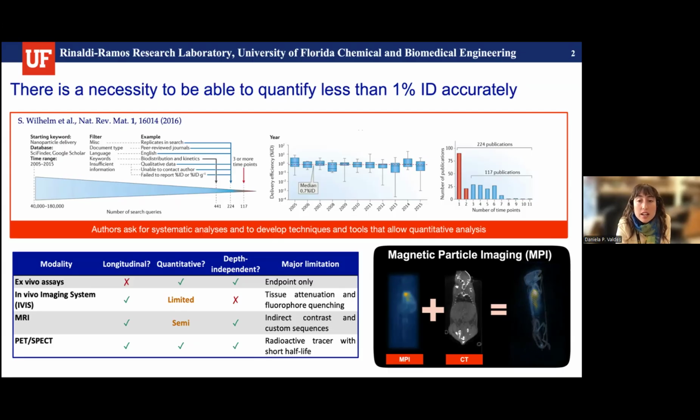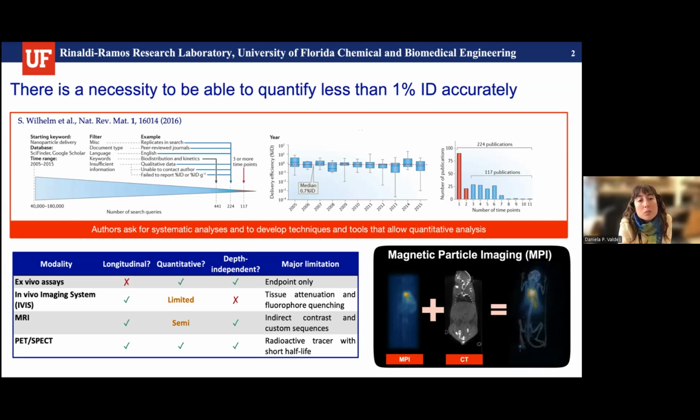And there have been reports showing very small amounts of particles in organs such as the liver, and then showing accumulation in tumor, but then contradicting analytical methods, which can be due to the different tissues.